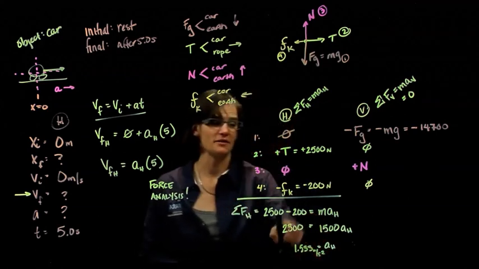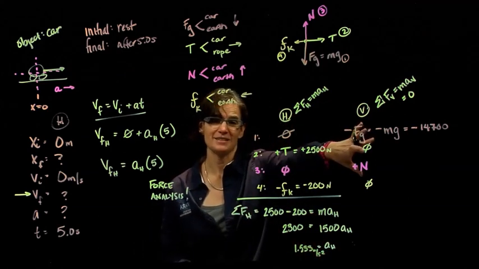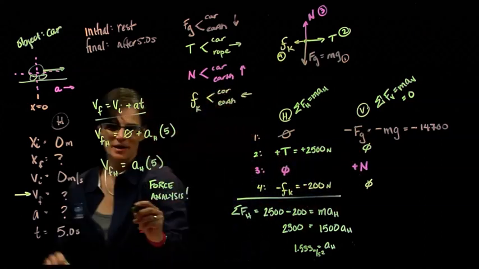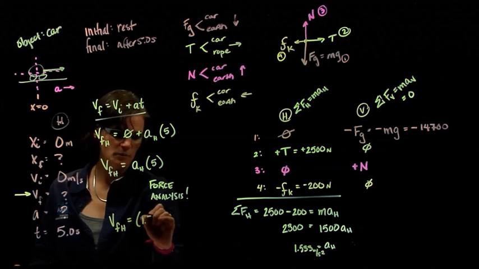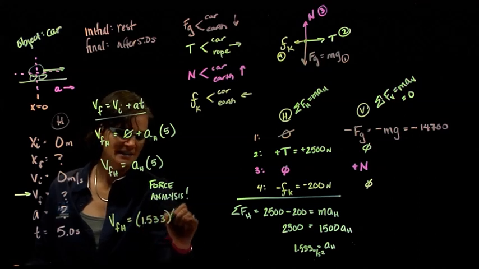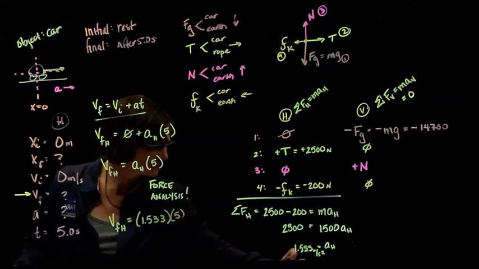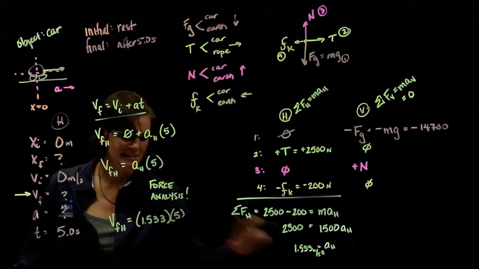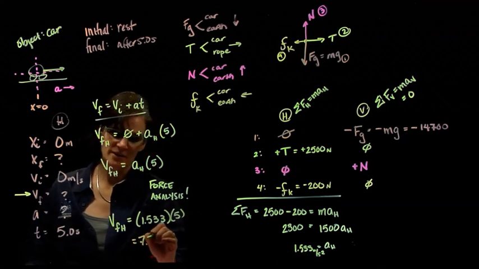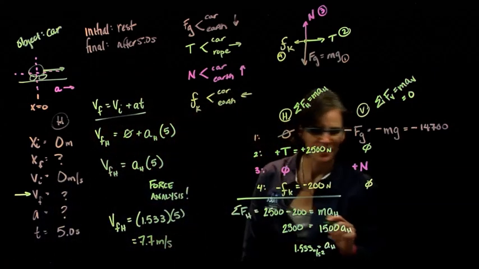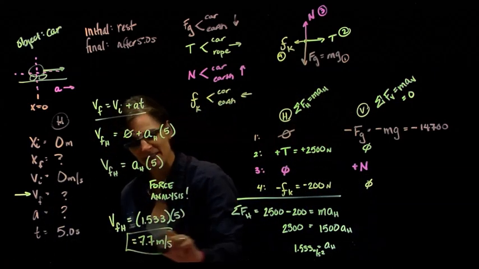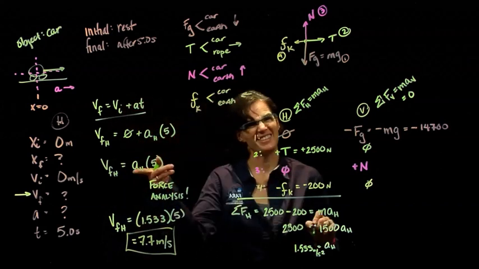That's what I was going after, so I can stop here. I don't have to analyze the vertical direction. I can come back over to my kinematics, and my final velocity is 1.533 times 5, and I get 7.7 meters per second.